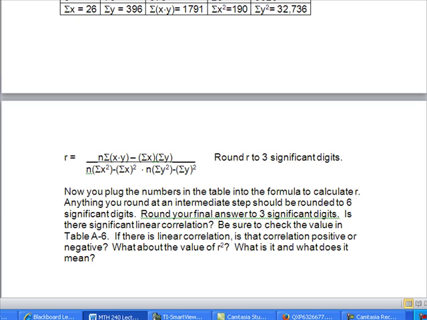I want you to pause the recording and figure out a value for R, and then you can restart it. Notice my directions are to round R to 3 significant digits. That's what we normally do. So go ahead and pause the recording, and then restart it and we'll see if we can come up with a value for R as well.